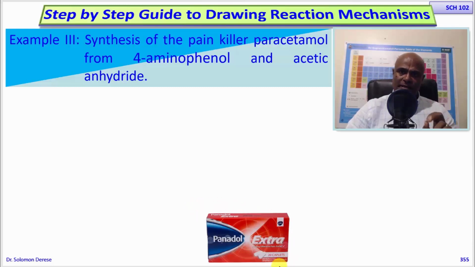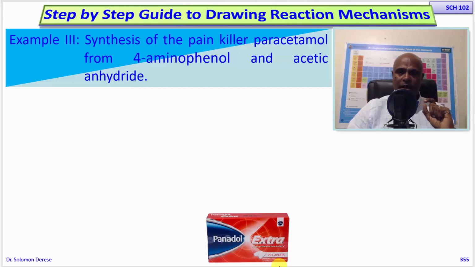So what this is telling you is that the organic chemistry you've learned so far is good enough to see how useful molecules such as paracetamol are synthesized. I want you to be encouraged.